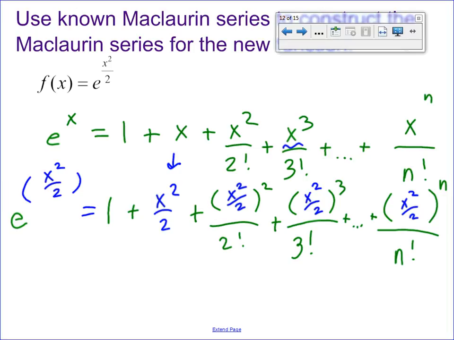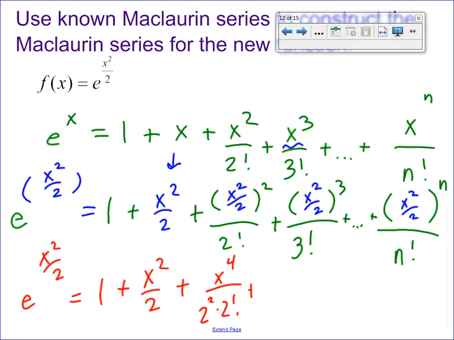We'll do one rewrite so I don't feel bad, like I'm sending you off to school without any lunch money. Equals 1 plus x squared over 2 plus, what's this going to be? Well, this would be x to the 4th over 2 squared times 2 factorial. This would be x to the 6th over 2 cubed times 3 factorial.